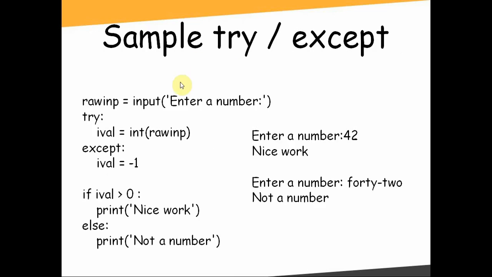See here, we are getting input from the user using this syntax, raw input equal to input of enter a number. So the user is entering a number, and then we are trying to convert that particular user input to integer, because by using this syntax, we will take user input as a string.